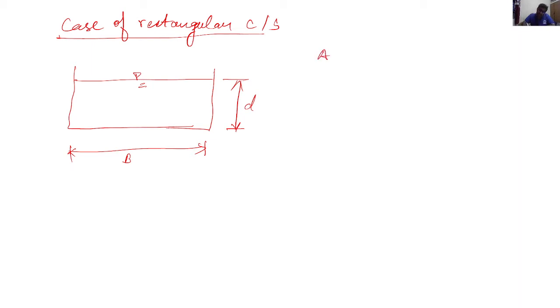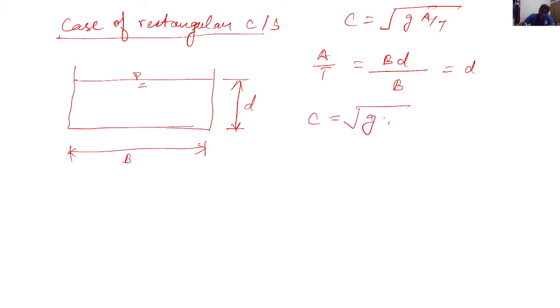So we again need to find A by T, because C happens to be √(g A/T). So A by T will be nothing but the cross sectional area B times d by T. T is B for the top width. Top width of a rectangular cross section happens to be B, so it is d. So the expression for the celerity for a rectangular cross section happens to be very simple, √(g d).